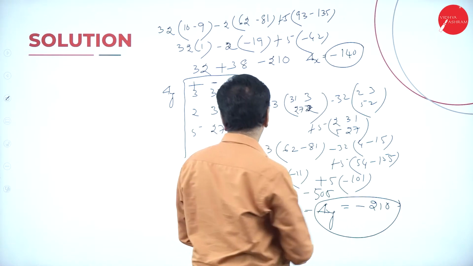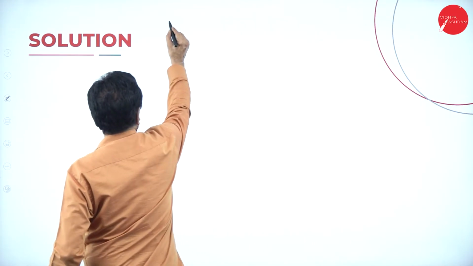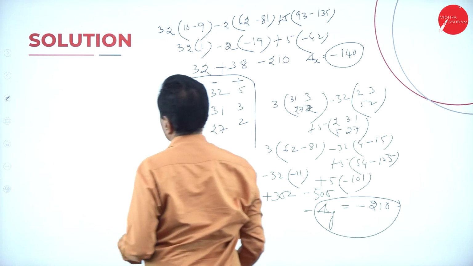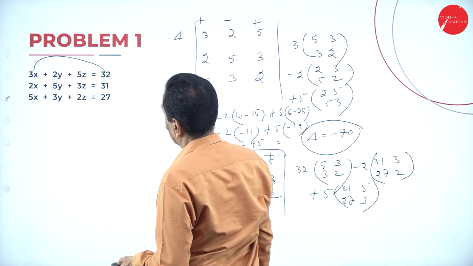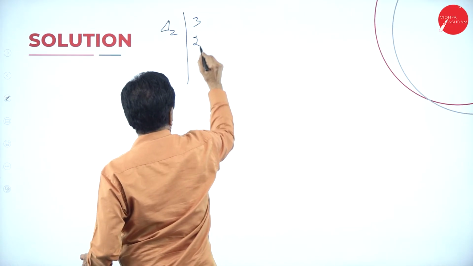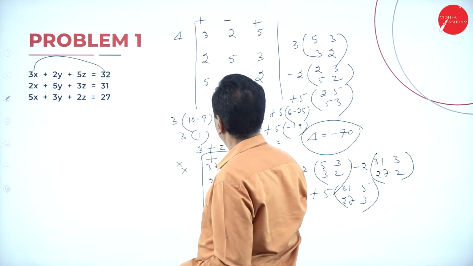Then we'll go to z now. Last one. Delta z. First one, 3, 2, 5. Second one, 2, 5, 3.